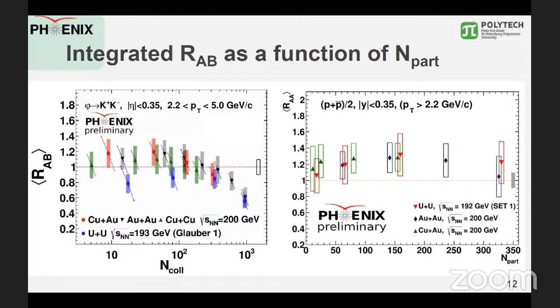So scaling with N part might indicate that proton and phi meson production scales with the average size of the nuclear overlap region and is independent of the details of its shape.